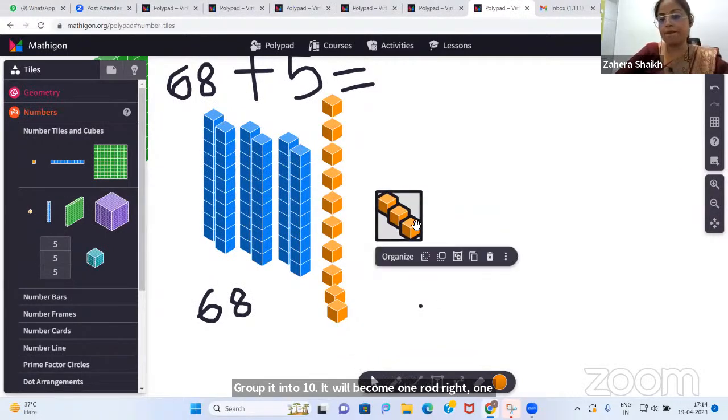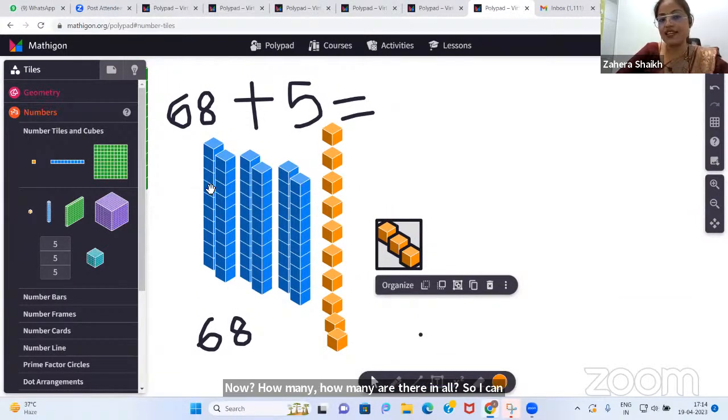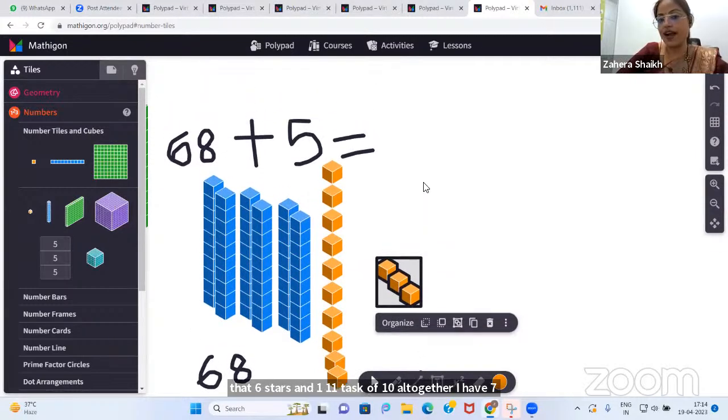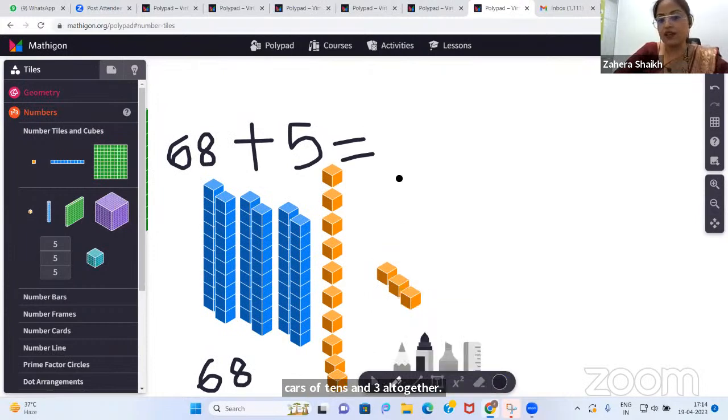Now, how many are there in all? I can see 6 tens and 1 ten. Altogether, I have 7 tens and 3. Altogether, my answer is 73. Right?